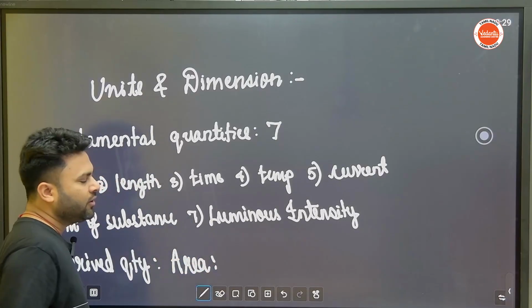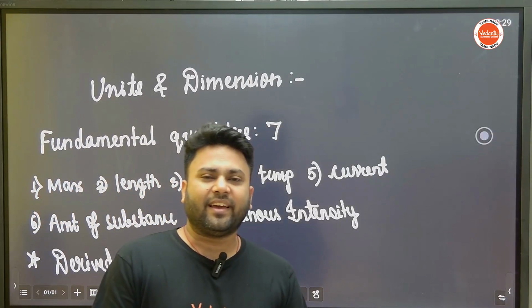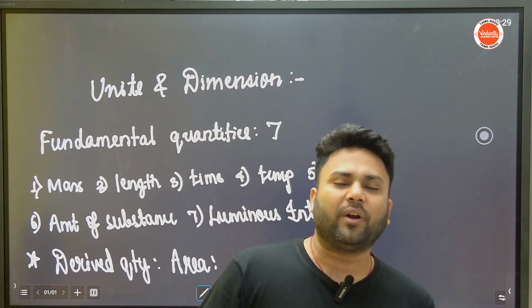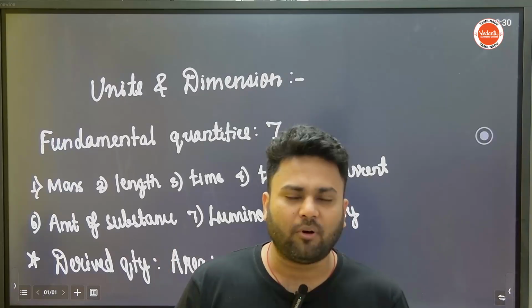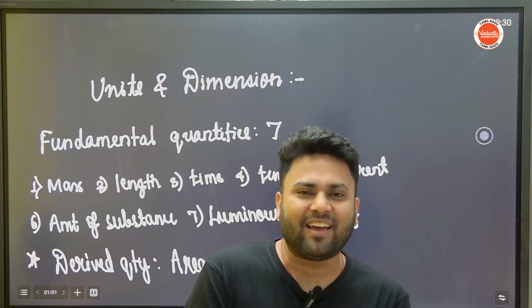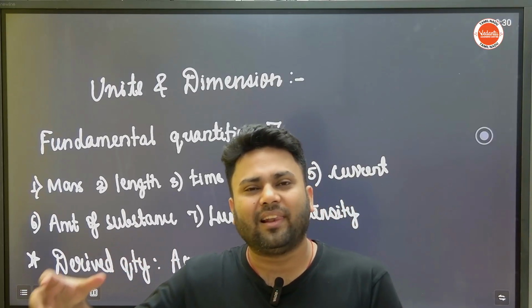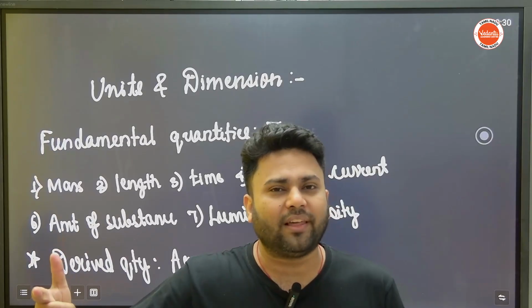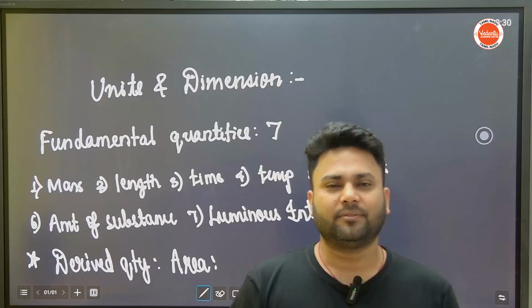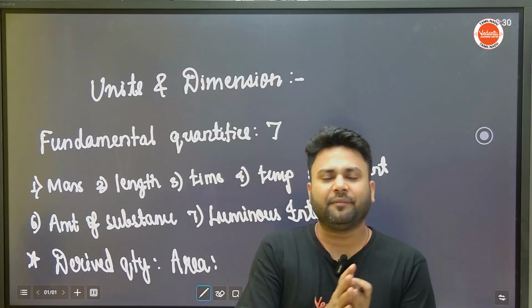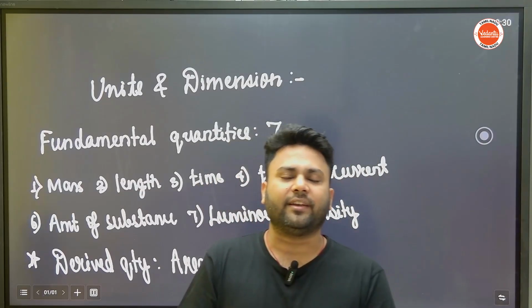Area is derived from length. What is area? Length into breadth. Breadth is also a form of length. So area is based on length. If there was no length, we won't be able to define area. Correct? This is the difference between fundamental quantity and derived quantity.